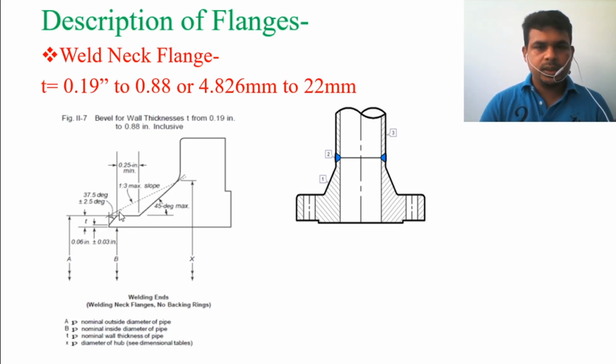If they are different, or the inside does not match, then we need to see in the standard how to make the taper for welding. All these details you can get from ASME B16.5.